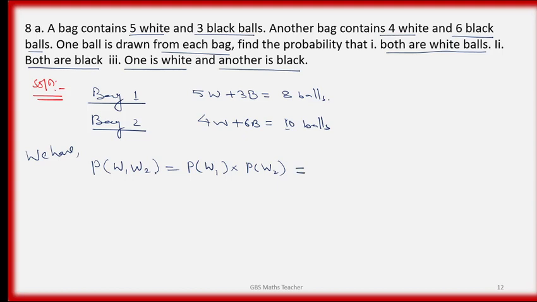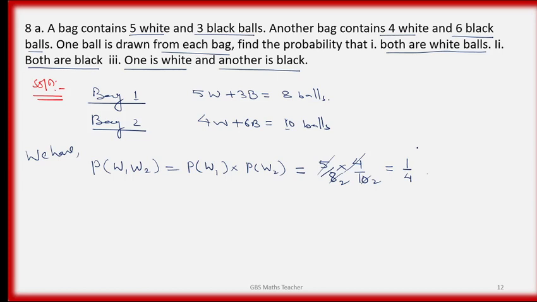The probability of white in the first bag is 5 by 8, and the probability of white in the second is 4 by 10, which is 2 by 5.